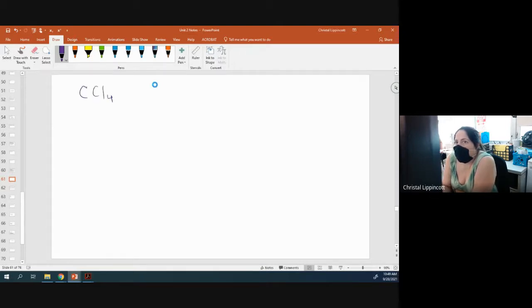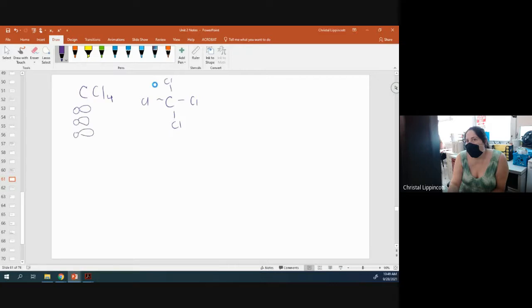My carbon, if I draw this out, would look something like this, right? It's going to come together here. My carbon's going to have 4 sp orbitals, and I'm going to show you how I know that. So I'm going to draw my carbon here.